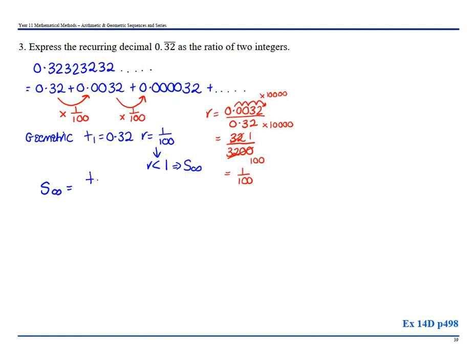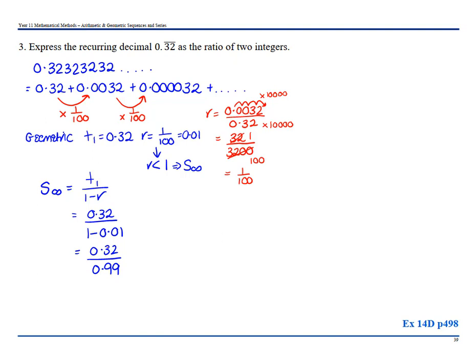So let's write our formula and plug in. 0.32 over 1 minus 1 over 100, which is 0.01. I'm leaving it as 1 minus 0.01 because then I have decimals top and bottom, and you'll see what I mean by that. So I've got 0.32 at the top. 1 minus 0.01 is 0.99.